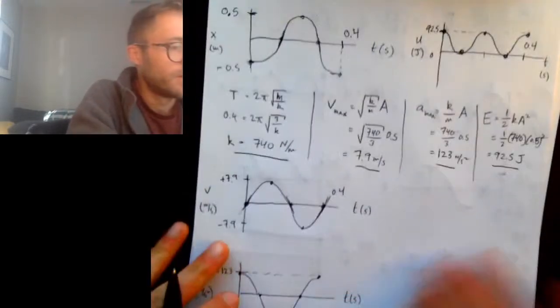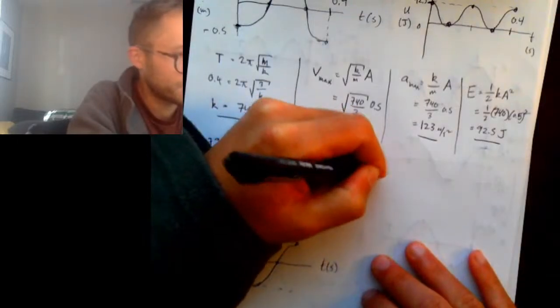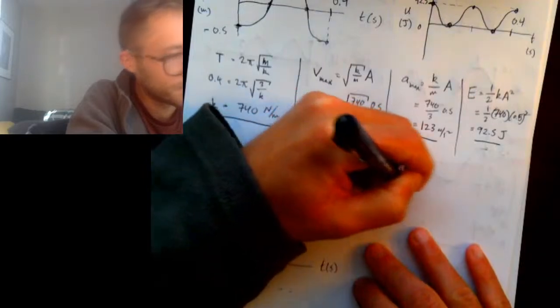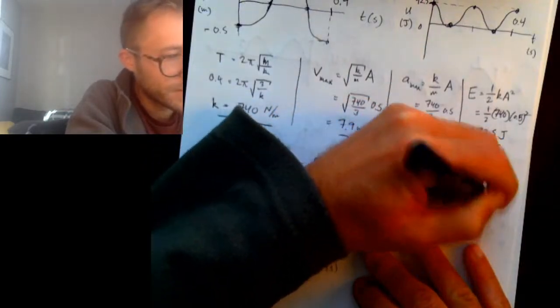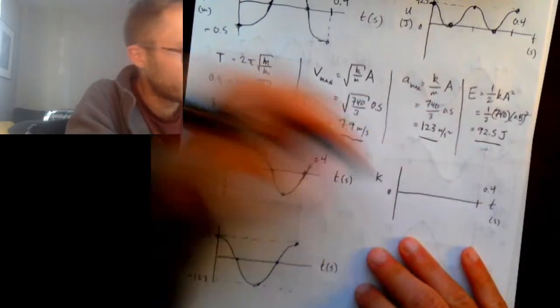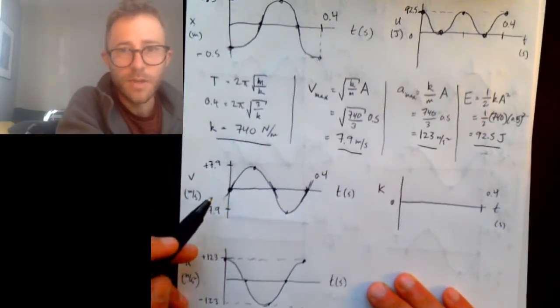Okay? Do the same thing with the kinetic energy graph. Almost done here. Time in seconds. Here's 0.4. So we want to square this graph. All right.